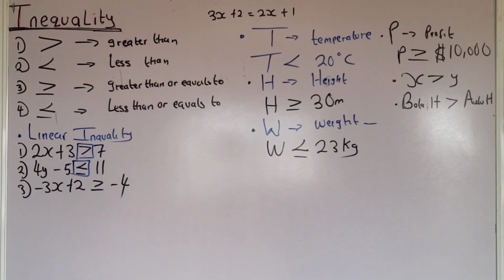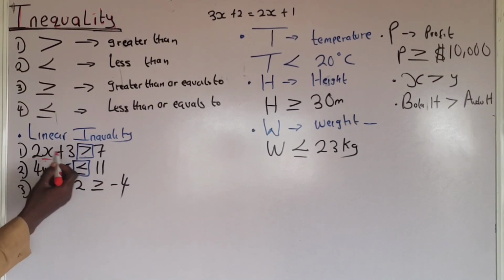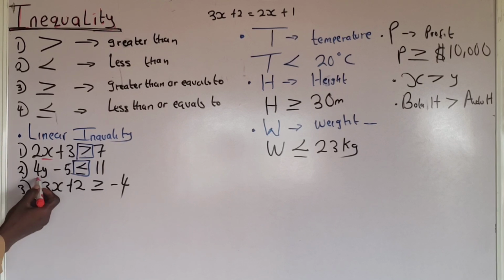The variable is the unknown that we have in the inequality. In the first linear inequality, the variable is x. In the second inequality, the variable is y. The third, the variable is x.